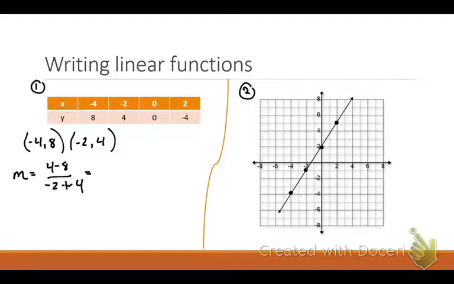What's 4 minus 8? -4. What's -2 plus 4? So -4 over 2 is -2. So y equals -2x plus 0. With my x value of 0, my y is also 0.